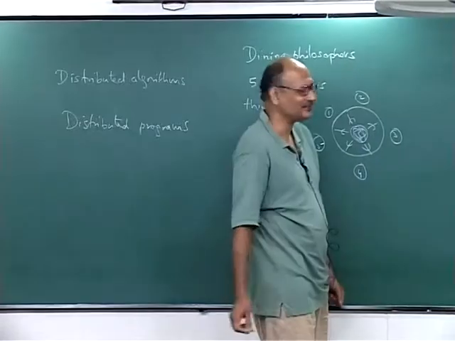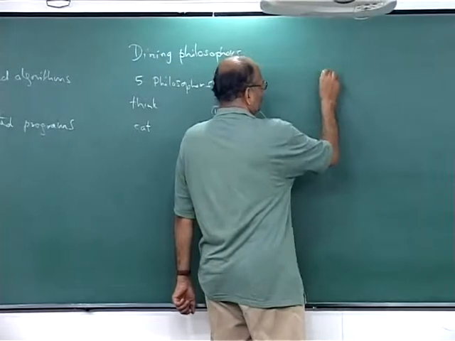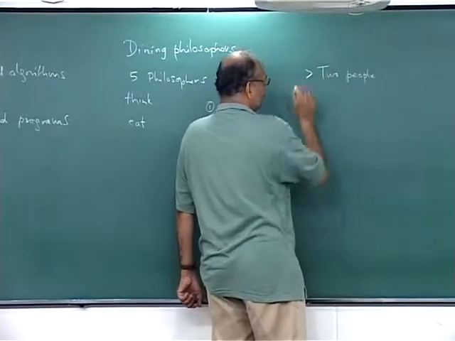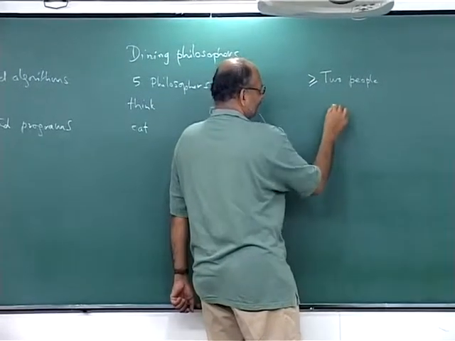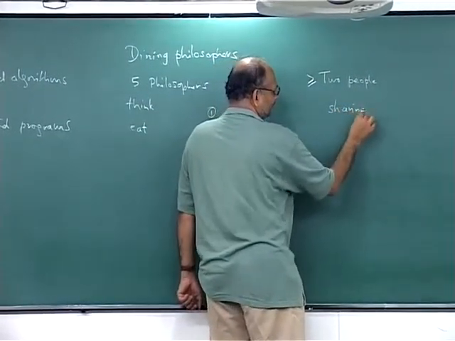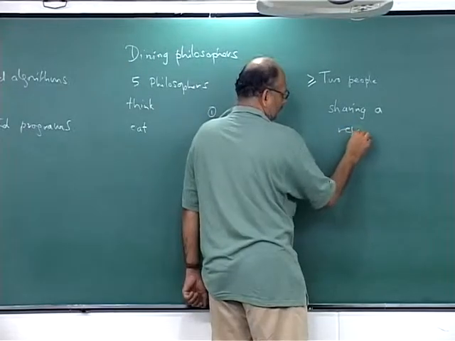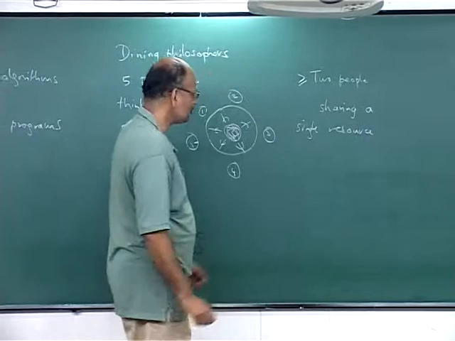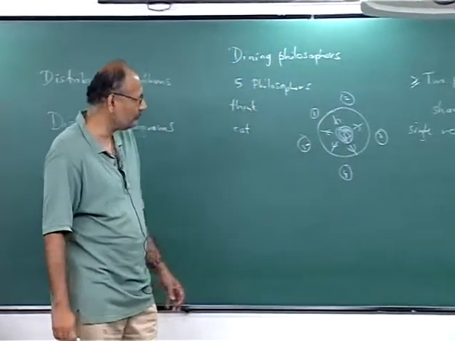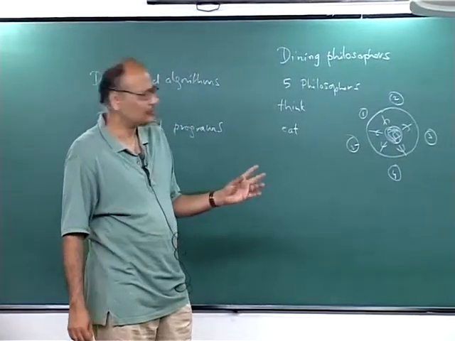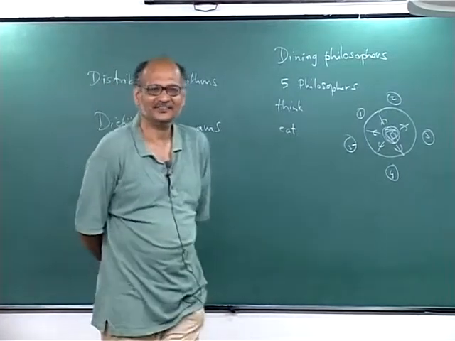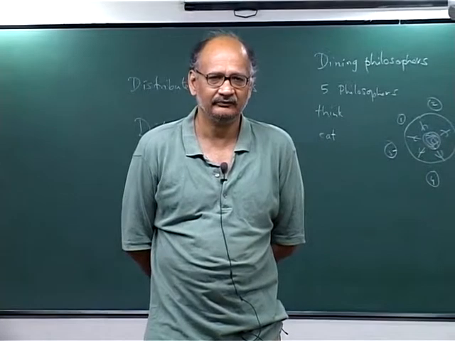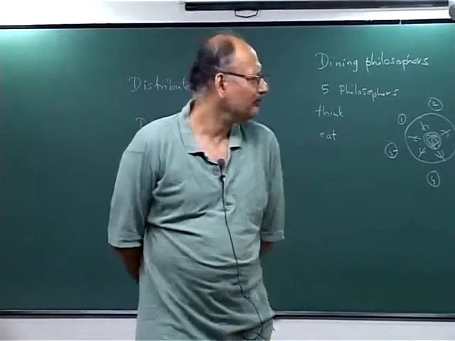So what you are saying is, supposing you have two or more people sharing a resource, then how does this model that? When one is accessing it, the other will not be allowed to make any changes to that resource. Correct.